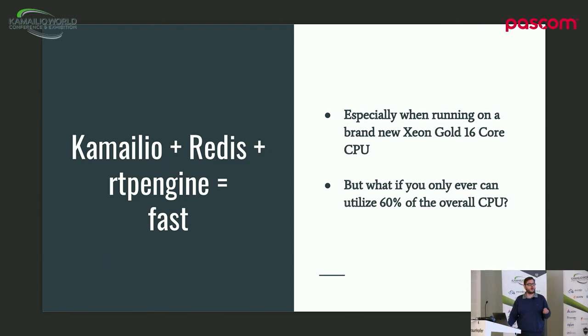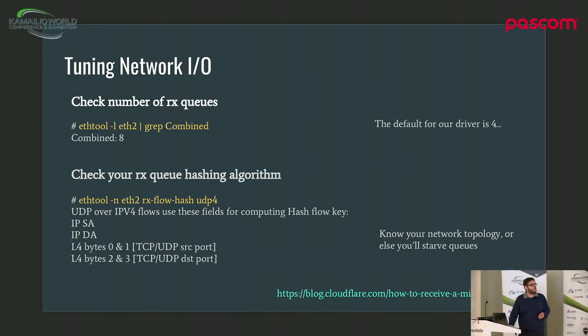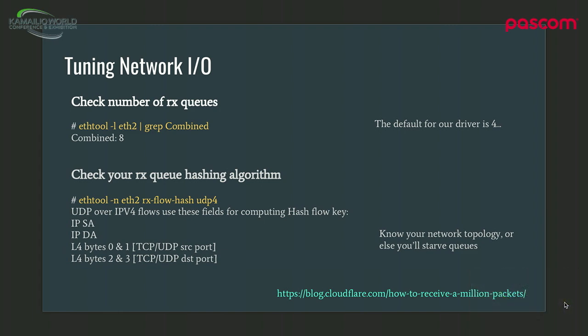So you're dealing with a lot of small UDP packets, and the default settings of the kernel, or at least our system and the network driver, are really not suited to that. So the next thing we started to do is investigate why we weren't able to utilize the CPU more than 60%. And what we found is that the default driver for our network cards only uses 4 receive queues by default. So there are 4 kernel threads reading packets from the hardware.